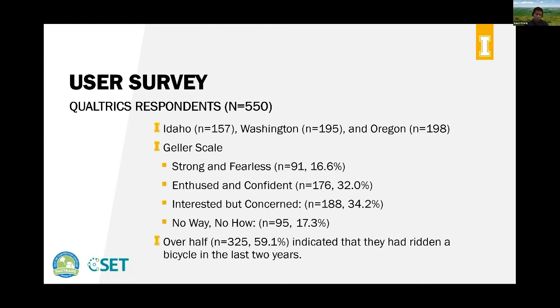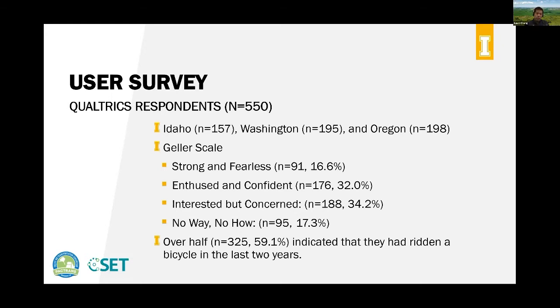Perhaps we're enthusiastic and confident. Perhaps we're interested and maybe a little bit concerned or timid. And I suspect some of you out there would say, gosh, don't put me on a bicycle. Even if there's a dedicated pathway, that's just not for me. So those folks are classified as no way, no how. And you can see here for our sample population, again, a broad spectrum represented by each of those Geller categories.